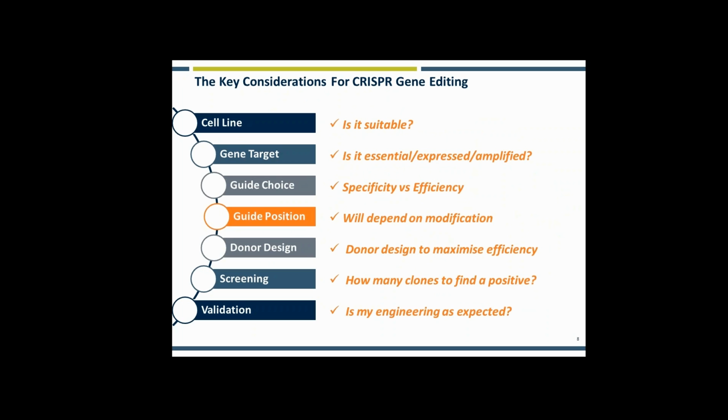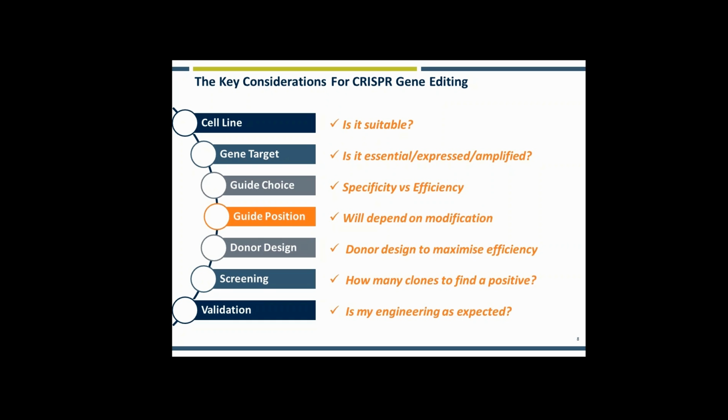And last week, I spent quite a lot of time looking at the key considerations for genome editing, namely the choice of cell line itself and whether it's suitable, how your gene target and the modification of that target will affect the viability and ultimately the success of your experiments, how guide choice can allow you to balance specificity and efficiency, and how the position itself will depend on the modification that you want to make.